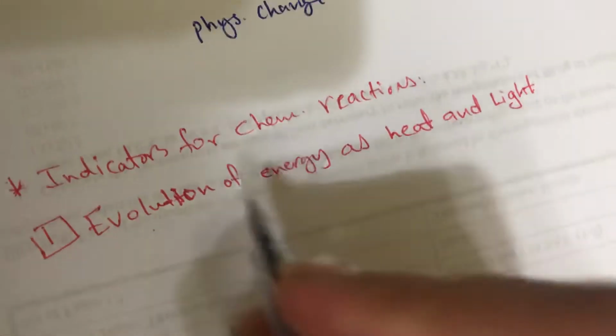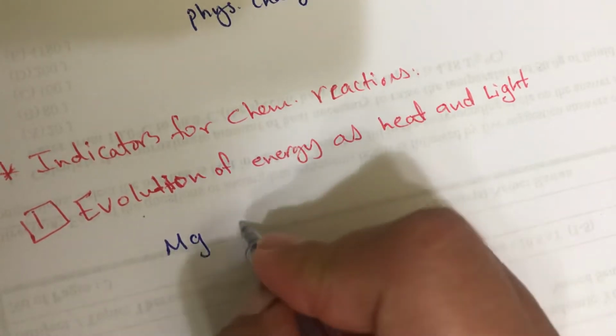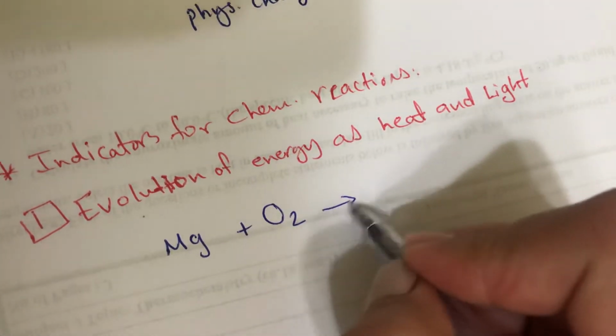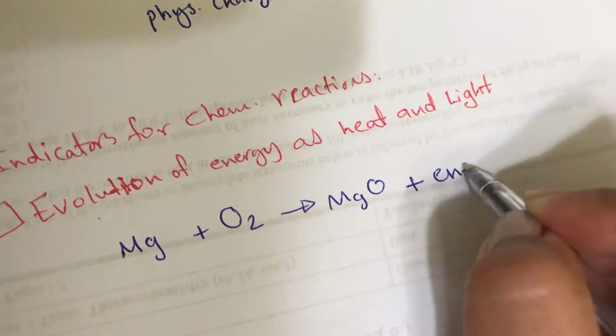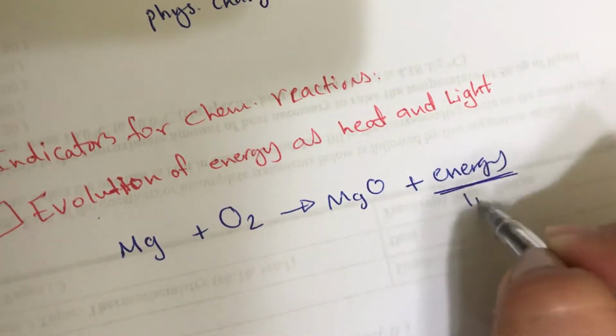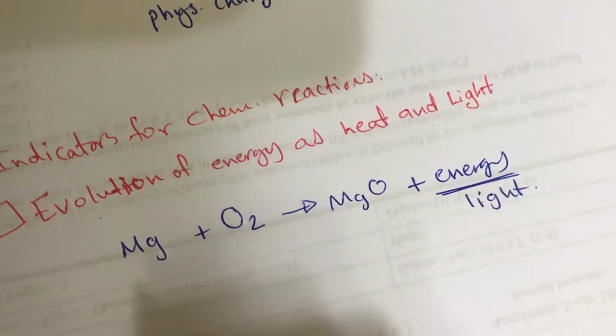So for example, when you burn magnesium, the products are magnesium oxide plus energy as light.